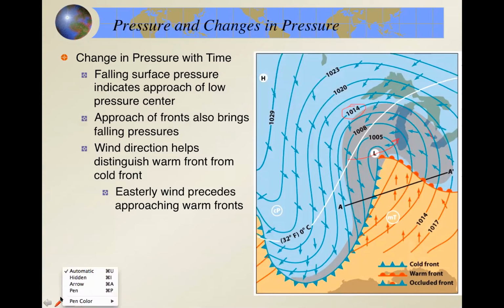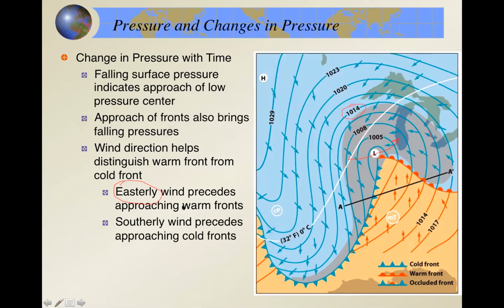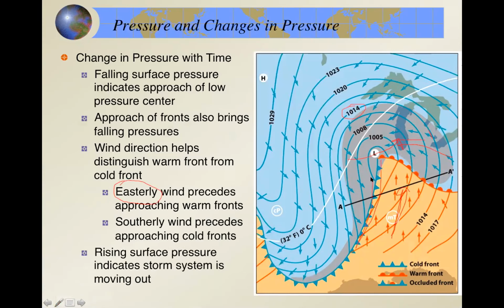Again, remembering that easterly winds tend to precede warm fronts and southerly winds tend to precede cold fronts. So while we're watching the pressures drop, we also have to be watching the wind fields. If the winds are coming from this direction, it indicates an approaching warm front. If they're coming from this direction, it means that the cold front is going to be moving into our region.